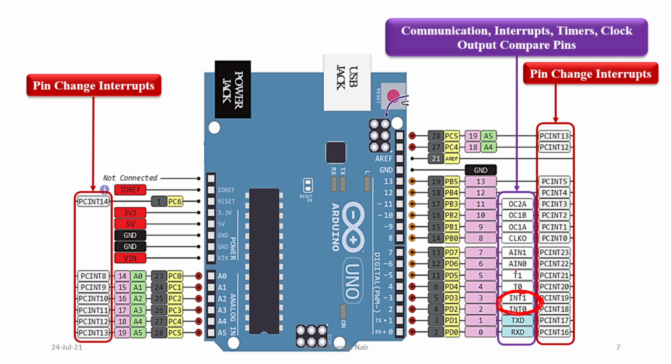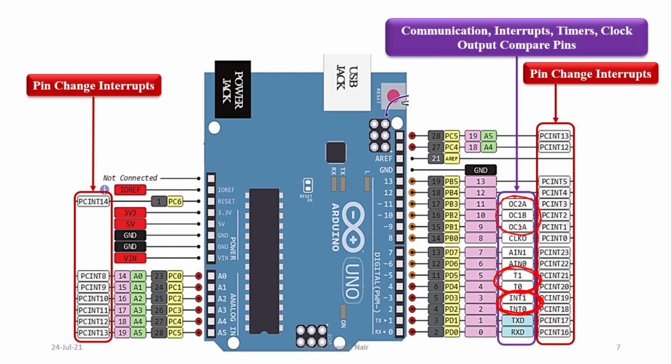Along with that, there are timer pins T0 and T1. So there are two timer pins. And then we have output compare pins here, OC1A, OC1B, OC2A for providing output compare.